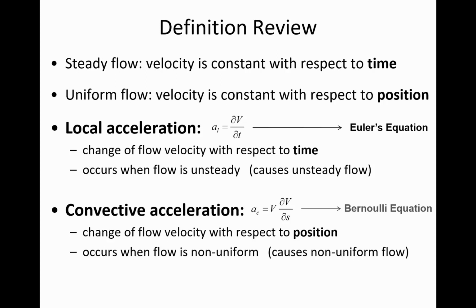But as the name implies, the hydrostatic equation really is only suitable if the water isn't moving. So if there's no velocity, no acceleration, then the hydrostatic equation is great. But when the water starts to move, the hydrostatic equation doesn't apply any longer. And so for different types of acceleration, we're going to use equations that have been derived from those acceleration types to describe how the pressure is changing.